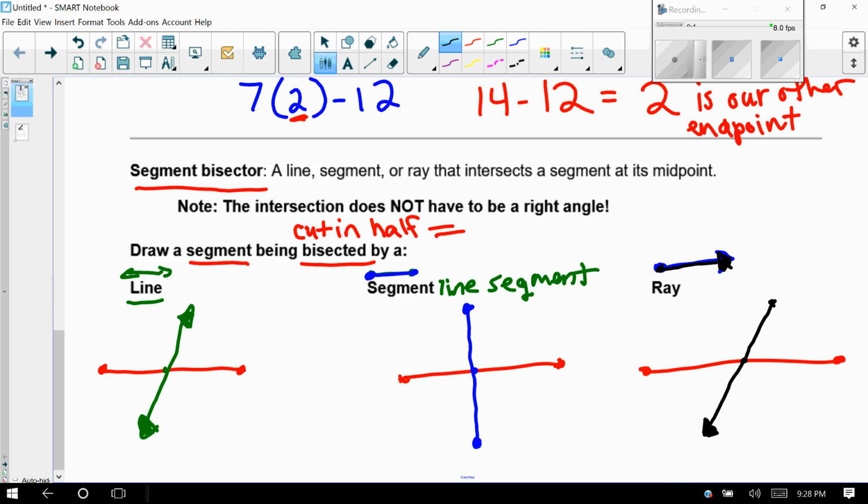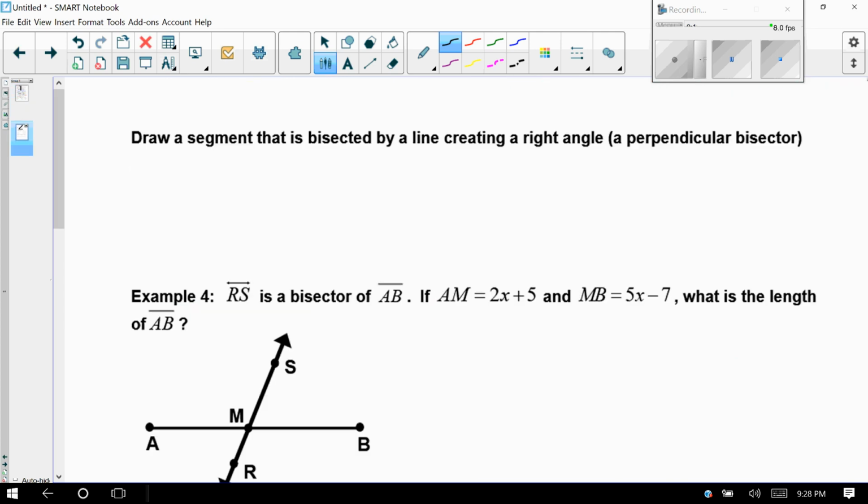Alrighty, go ahead and flip your page over. Draw a segment that is bisected. So I want you to underline that new word, bisected, and write cut in half equally. Creating a right angle. Remember a right angle, it looks something like this when two lines intersect. Pretend like these are lines, okay? Let's put some arrows on them.